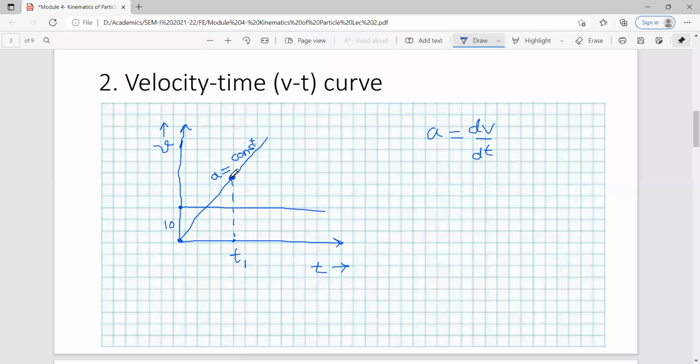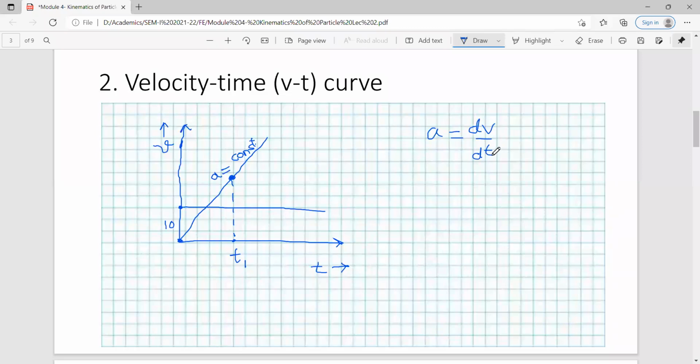And here I know that acceleration is nothing but the tangent or slope of the velocity time curve, dv upon dt. dv upon dt is nothing but the slope of which curve?